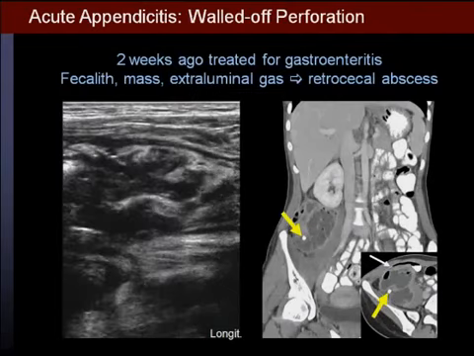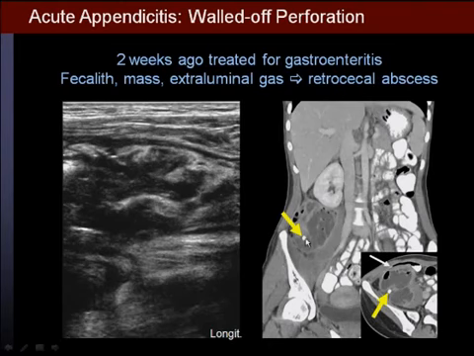This is a patient with complicated acute appendicitis with perforation. She was a lady treated 2 weeks ago for gastroenteritis because of pain. She had pain in the right lower quadrant. Ultrasound was performed, but this image was not completely understood, and therefore CT was done, and CT shows a mass lesion with rim enhancement, with a fecalith.